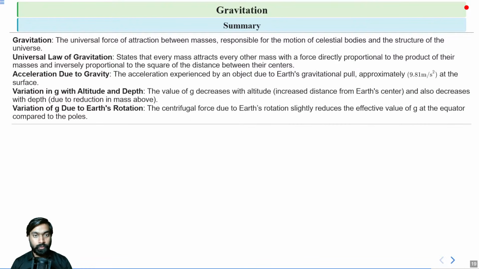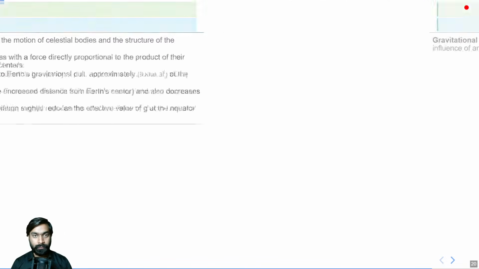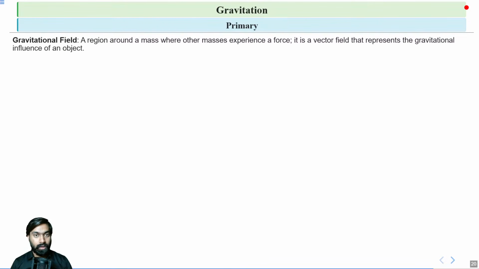And variation of g due to earth's rotation. Here we can see the centrifugal force due to the earth's rotation slightly reduces the effective value of g at the equator compared to the poles. Then we discussed gravitational field, a region around a mass where other masses experience a force. It is a field that represents the gravitational influence of an object.